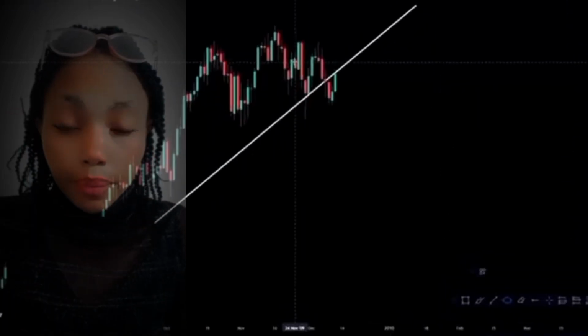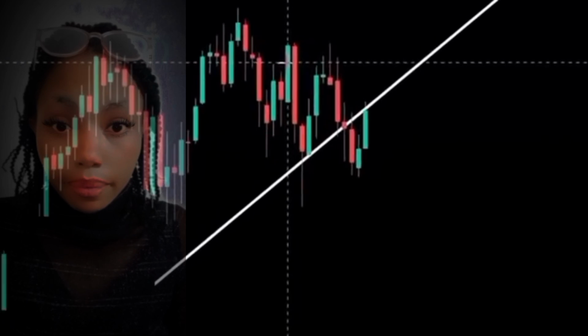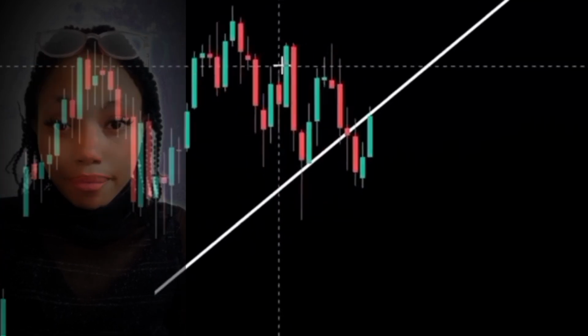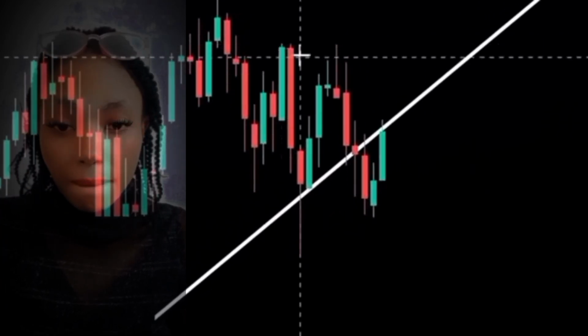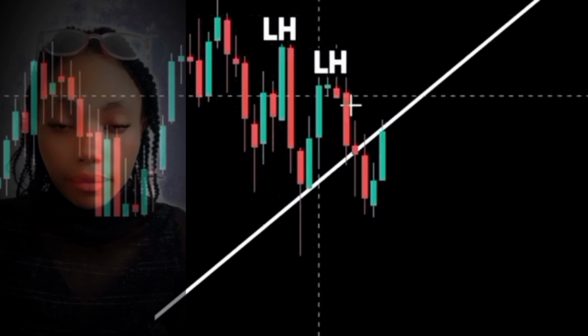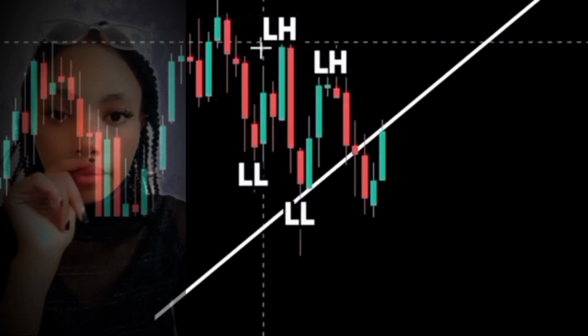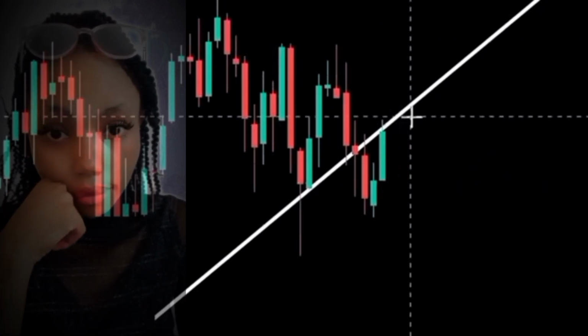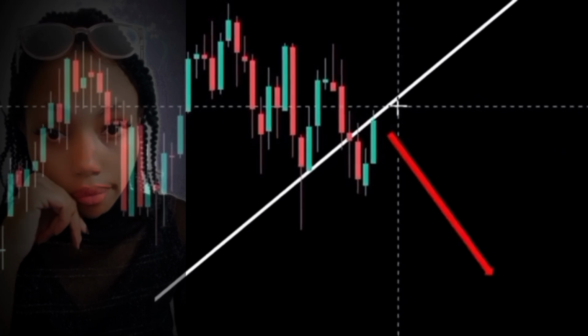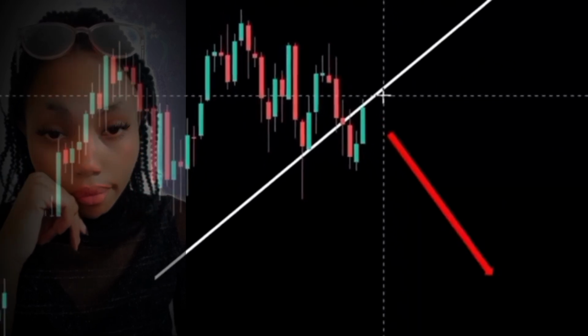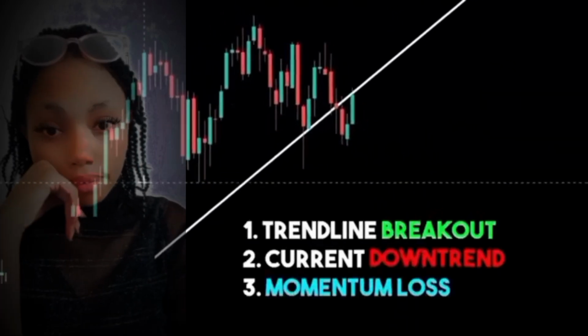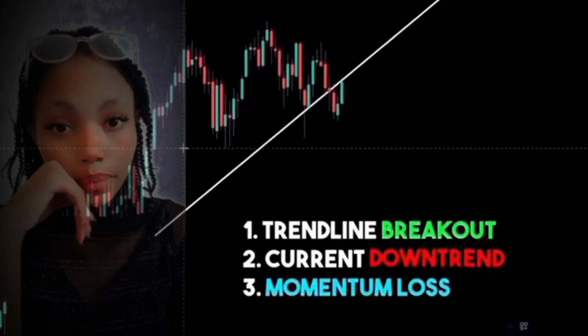And right here, you can see price is starting to form lower highs. You can see this high is lower than this one, and this high is lower than this one. So the next time price forms a lower high, we should be looking to sell it down, because this shows us that price is reversing, the buyers' momentum is gone, and it's the sellers' market right now.